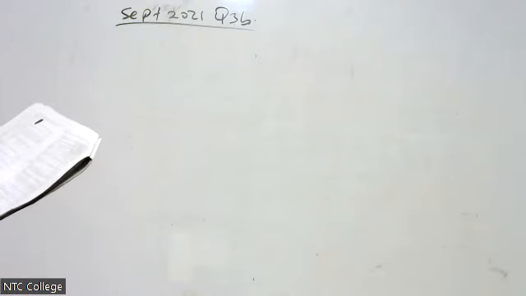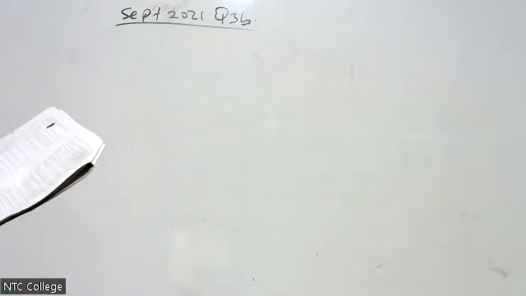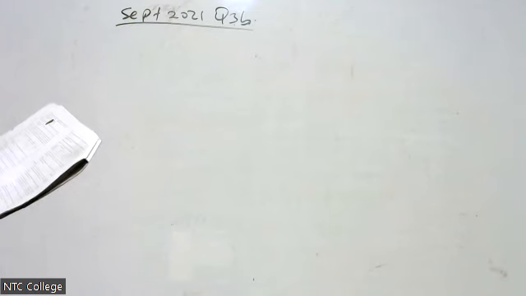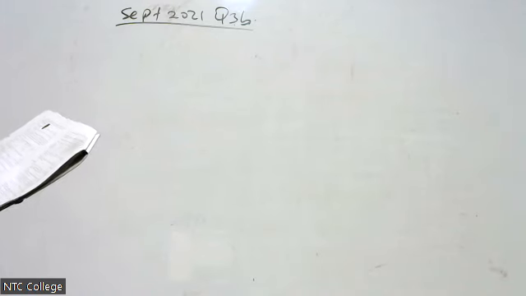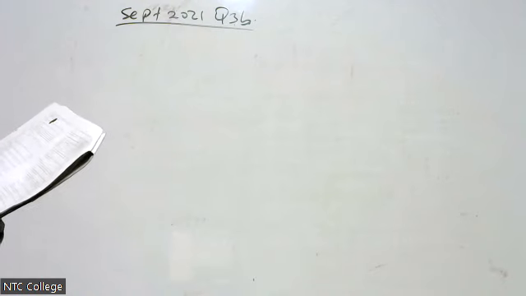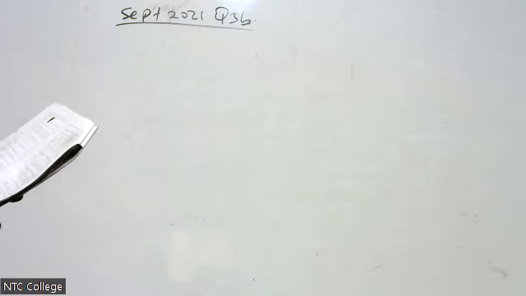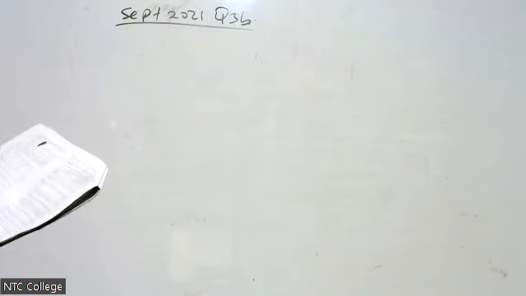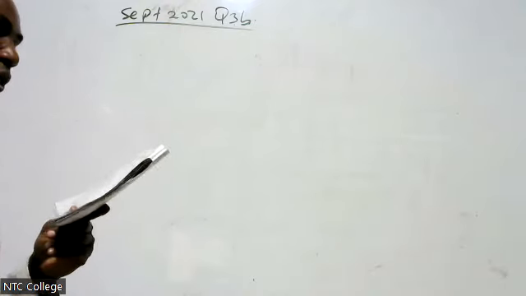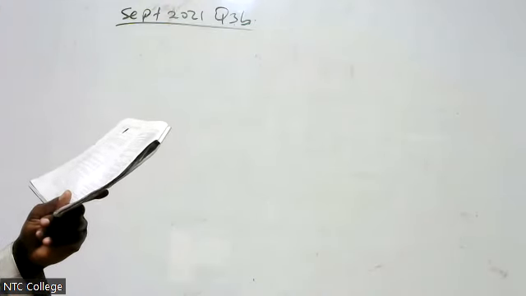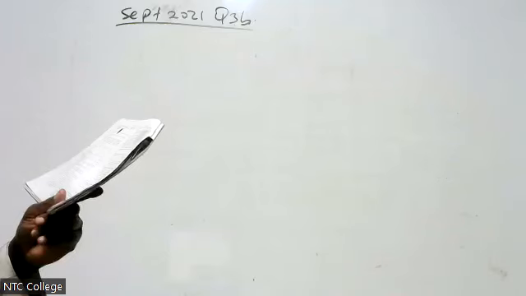The company has provided the following regarding the share option scheme. We have the year ended, number of employees expected to leave the employment, and fair value of each option, then 2022, 2023, 2024, and 2025. The fair value of the option was 40 as at 1st July 2021.